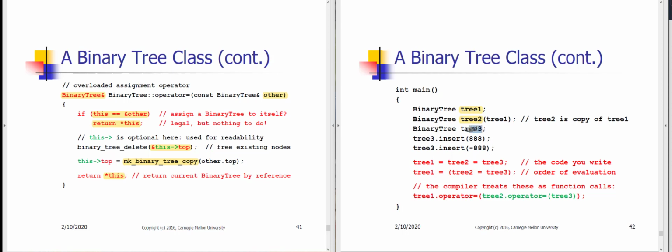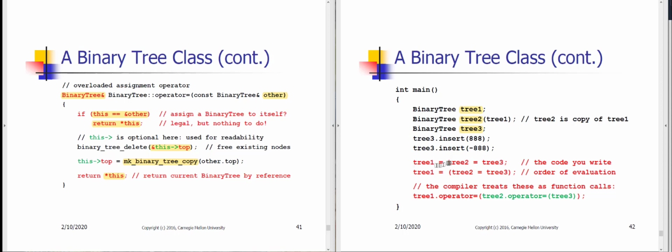We're then creating tree 3 as a binary tree object using the default constructor. And into tree 3, we're going to insert two values, 888 and minus 888. So at this point, tree 1 is empty, tree 2 is also empty, tree 3 has two nodes in it. And now we're going to use our overloaded assignment operator.